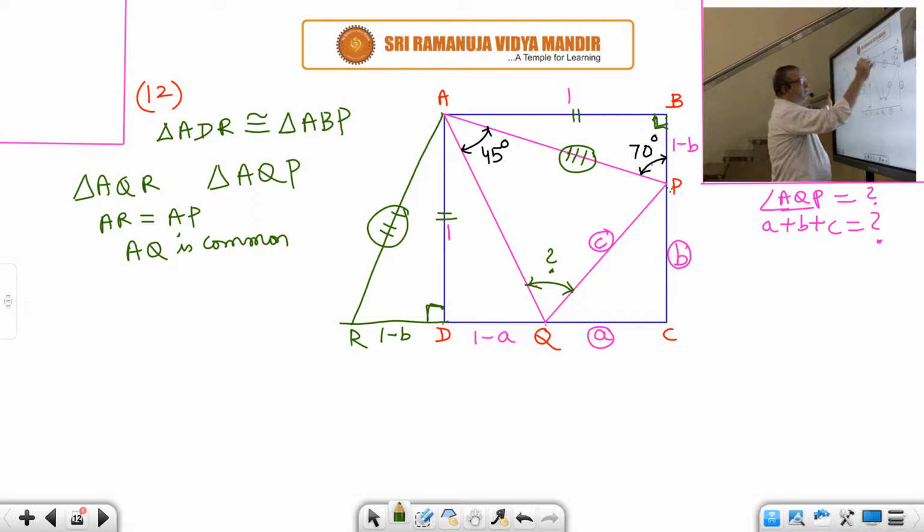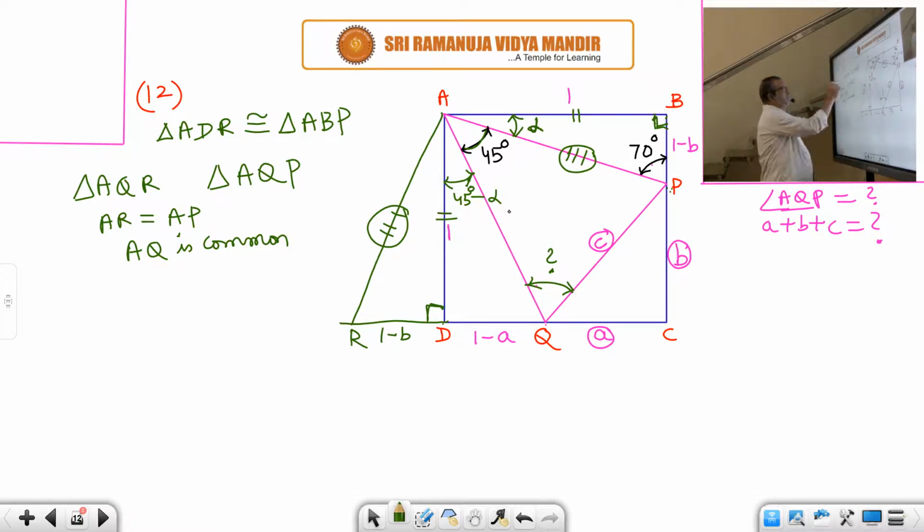How? Suppose this angle is alpha. What should this angle be? Total angle at A in the square is 90 degrees, is it not? So this part is alpha, next part is 45, so the next part should be 45 minus alpha. Then if you add the three angles, you get 90 degrees, the angle in a square.